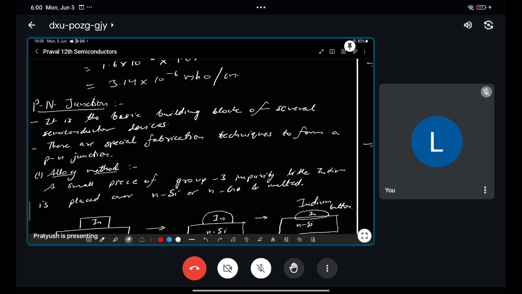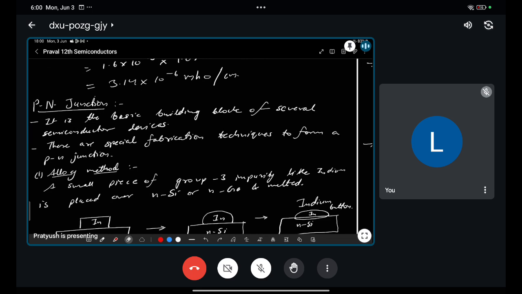Yes, now. So in a PN junction, a P-type and an N-type semiconductor are fused together. P-type semiconductor is one in which positive charge carriers are the majority charge carriers. Positive means holes. It is doped with a trivalent impurity, in which one place is left that will act as a hole.